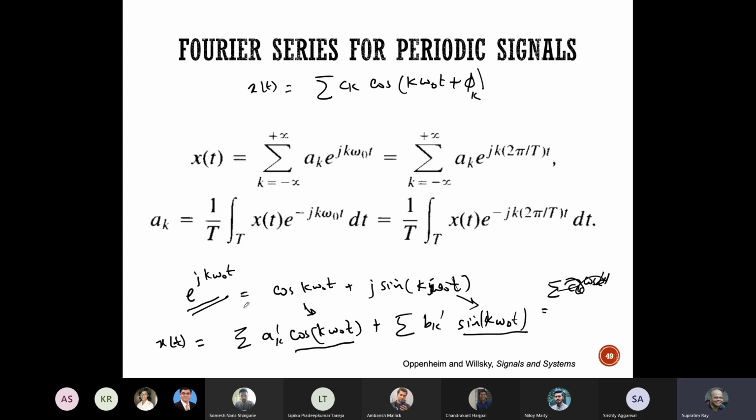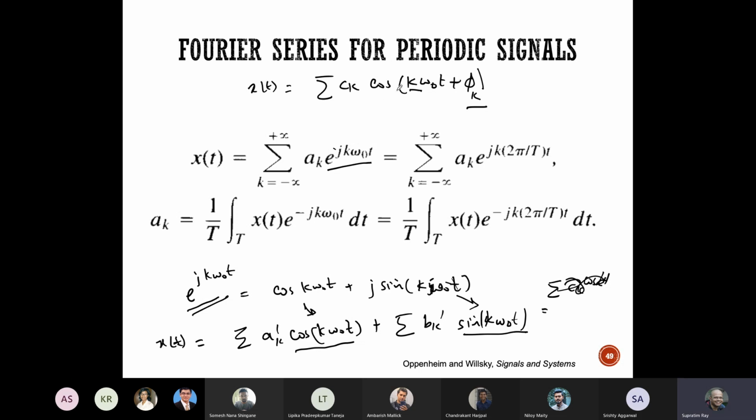So you can think of your basis functions, the set of functions into which you are decomposing the signal, as either complex exponentials, or a sine and a cosine with no phase, or equivalently a sinusoid with a frequency and a phase. And they are all equivalent to each other.